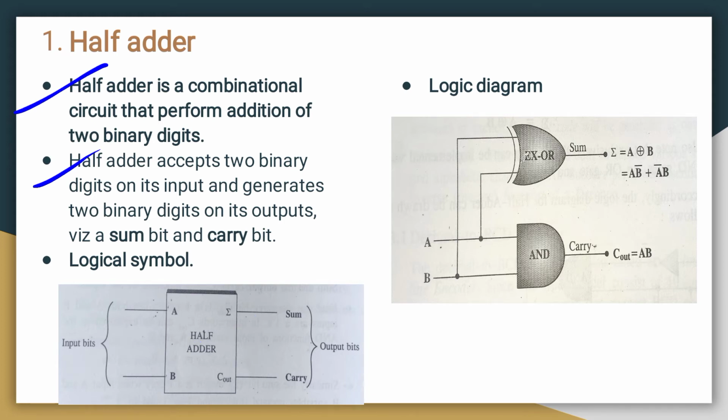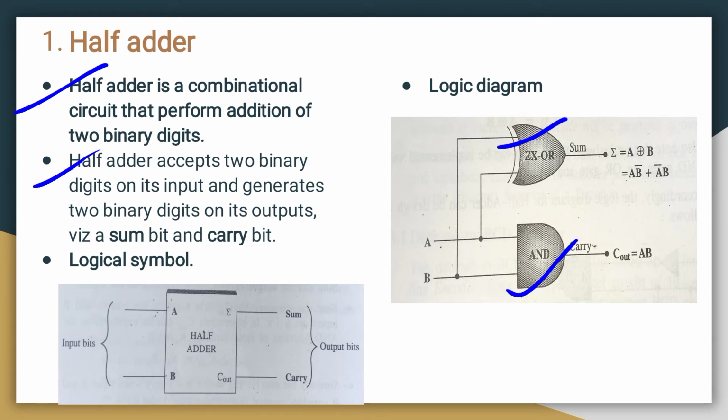In the logic diagram, again we have two inputs A and B and two outputs, sum and carry. Now see which gates we are going to use. For sum we use the XOR. For carry we use AND.